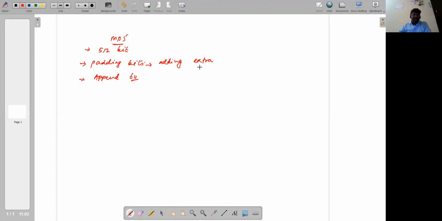So at most, we will pad 512 minus 64, which comes to 448 bits.